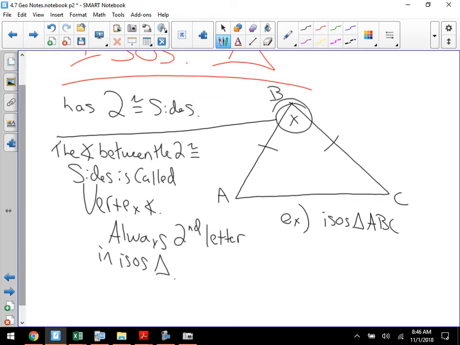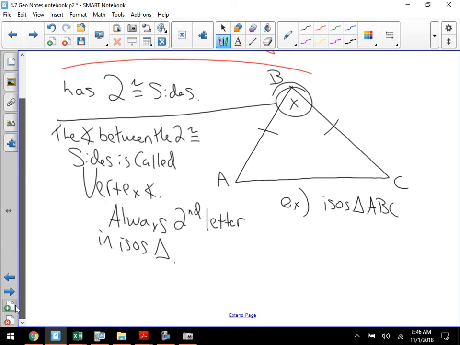That means that's always going to be the point that the other two congruent sides connect to. So that's always the vertex letter.